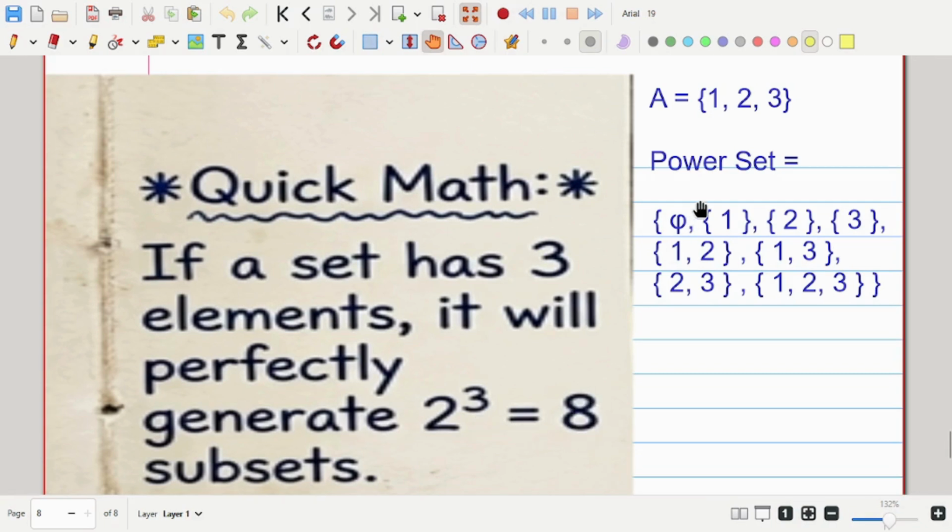These subsets are phi, {1}, {2}, {3}, {1, 2}, {1, 3}, {2, 3} and {1, 2, 3}. So the cardinality of this power set is 1, 2, 3, 4, 5, 6, 7, 8.